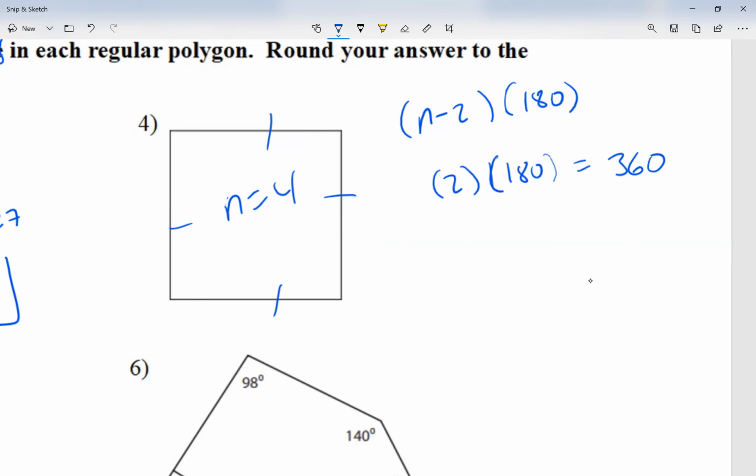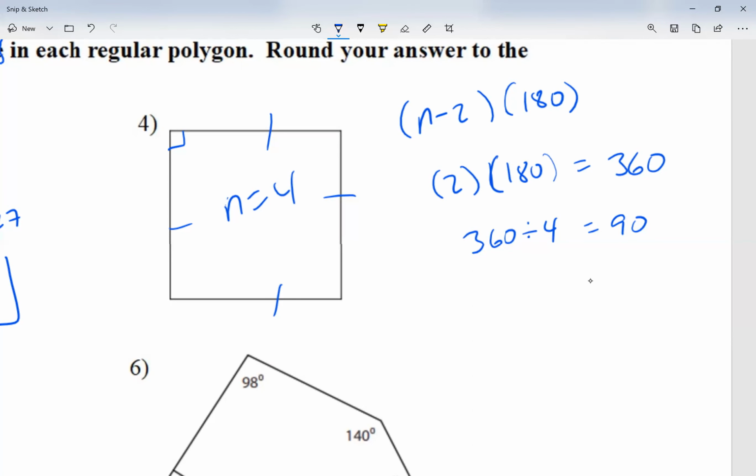All of my angles add up to 360. Now, if I want to know how much is just one of them, I'm going to go 360 divided by 4. There's 4 of them. 360 divided by 4 is 90. Each of those angles on the inside is 90. Yeah, it does look like 90, so it makes sense.